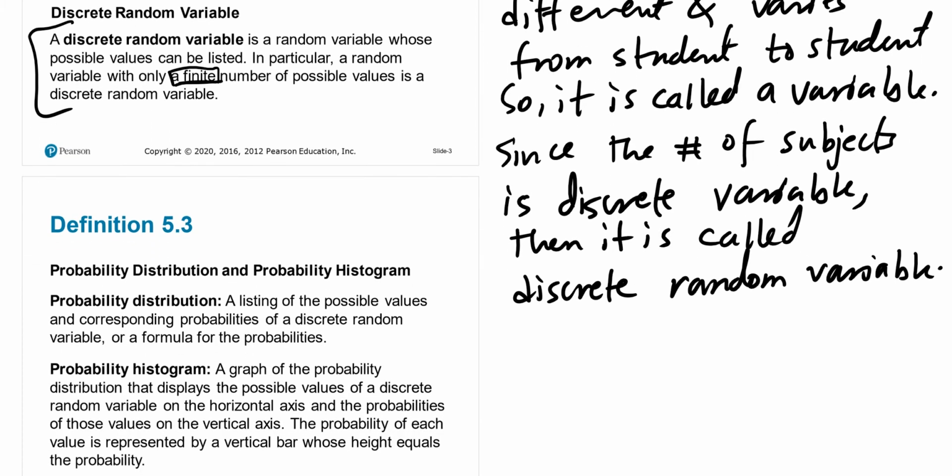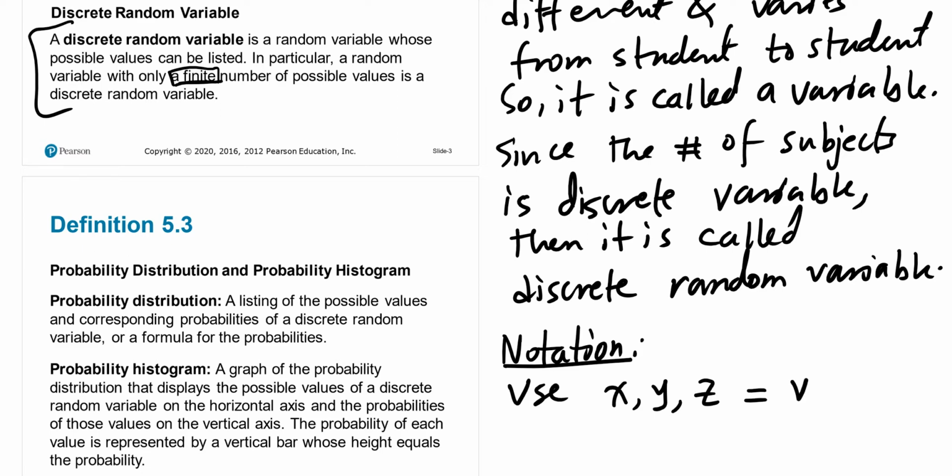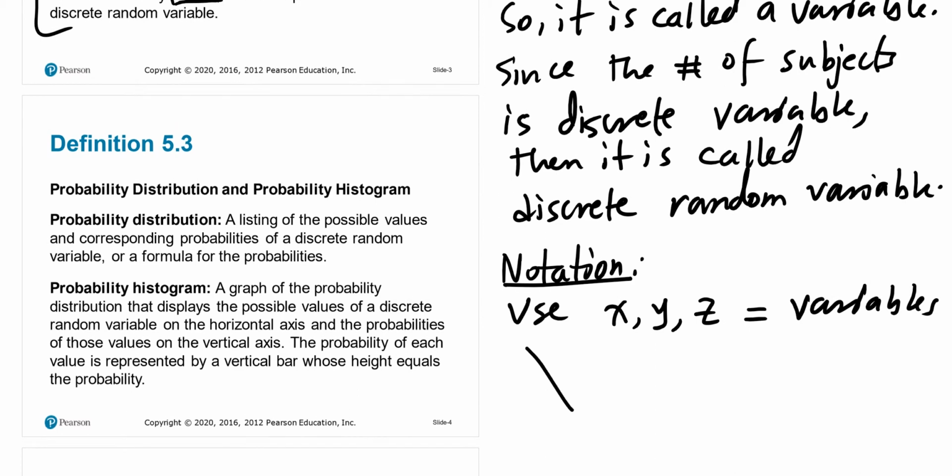Now notation wise, we use small letters like a small x, small y, small z to represent variables, but capital X, capital Y, for random variables.